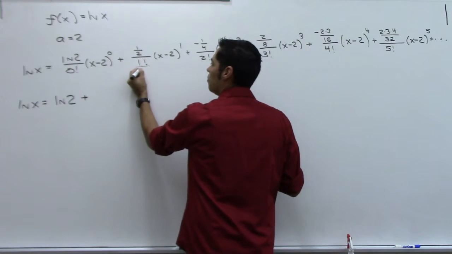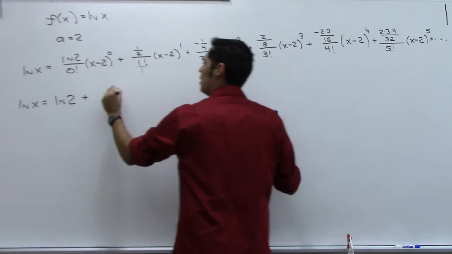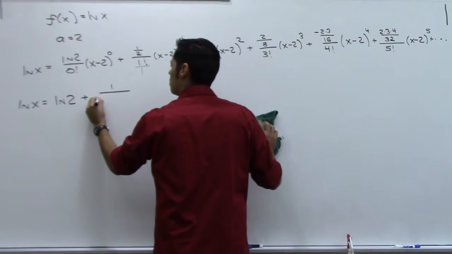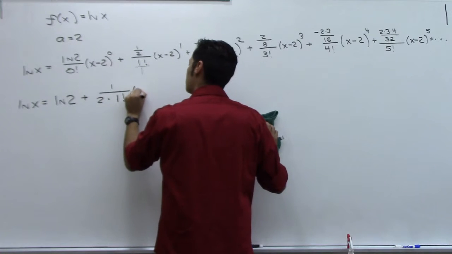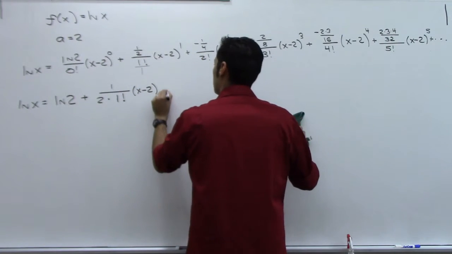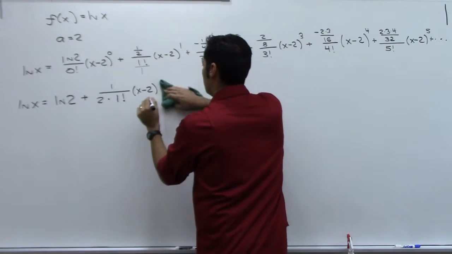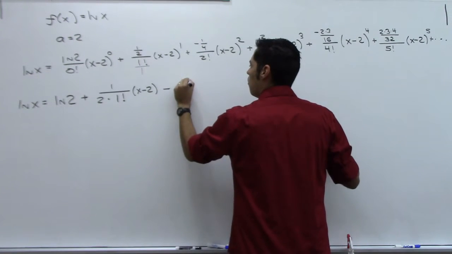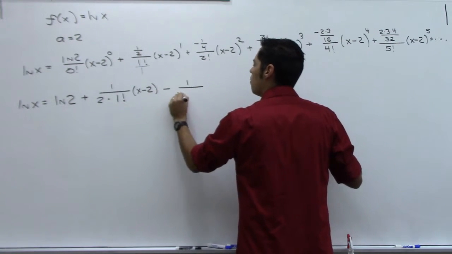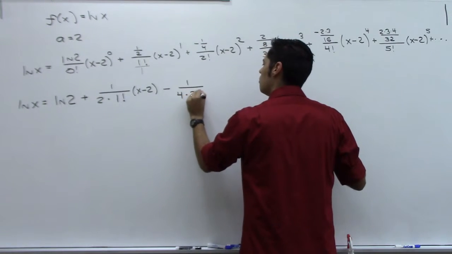This is like 2 fractions, so I can flip, so it becomes 1 over 2 times 1 factorial x minus 2 to the 1st power. This one becomes minus, because there's a negative there, 1 over 4 times 2 factorial.